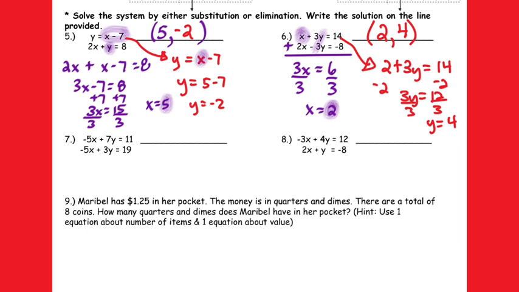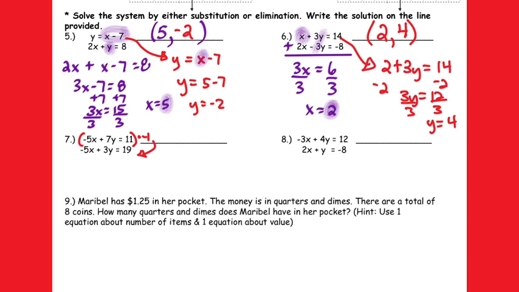On number 7, I need to change one of these equations in order to eliminate. When I look at the values here, the common multiple of -5 would just be 5, and the common multiple of 7 and 3 would be 21. So obviously 5 is smaller, so I'm just going to multiply one of these equations by -1.